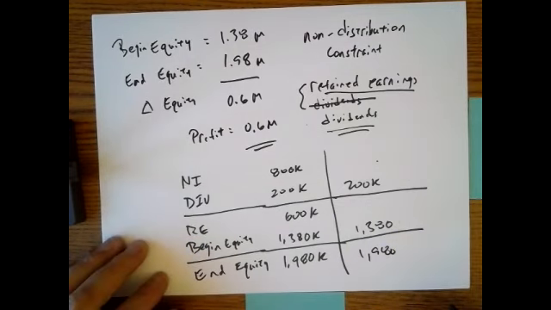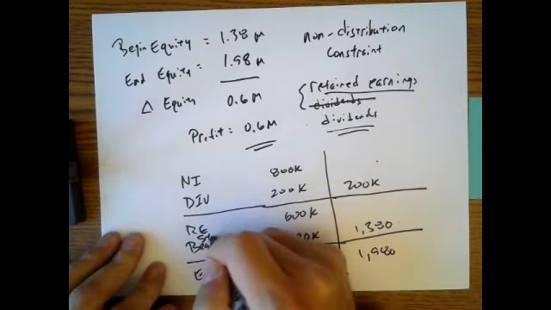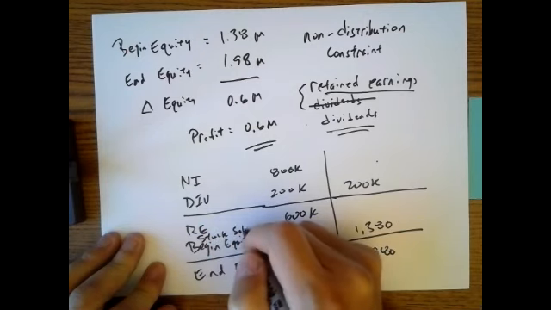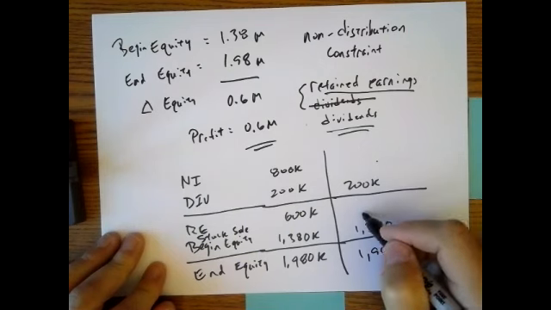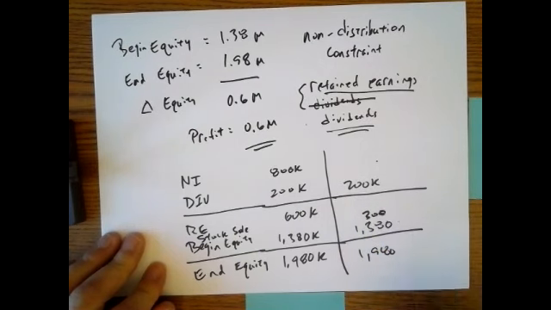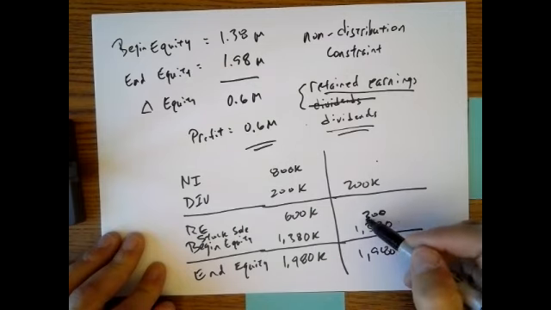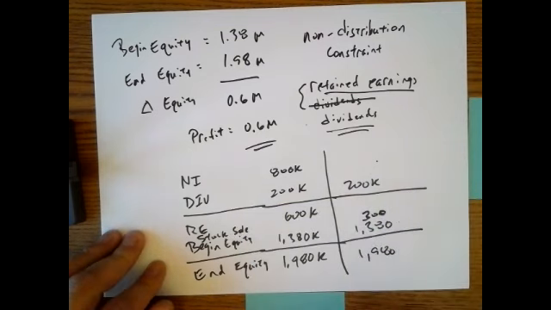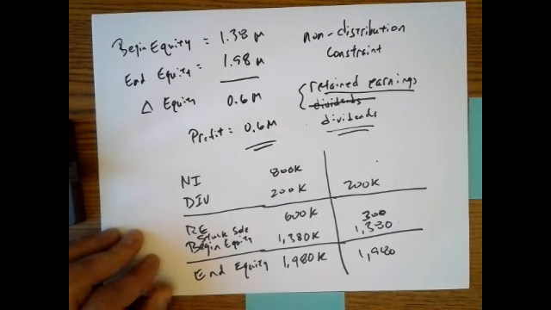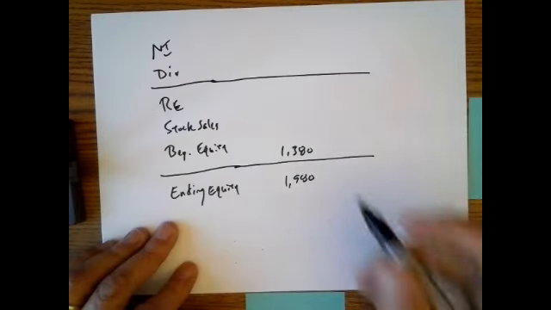Actually, I kind of need a new line here. So let me just write in stock sale here. We know we have a stock sale of 300. So for the retained earnings, you know what, I'm going to go ahead and rewrite this just so it's a little neater. Okay, a little neater now.